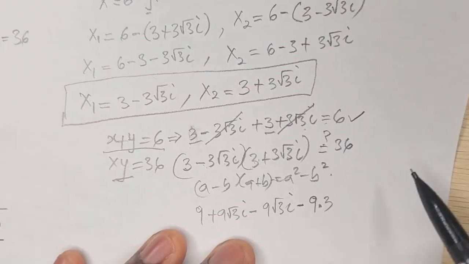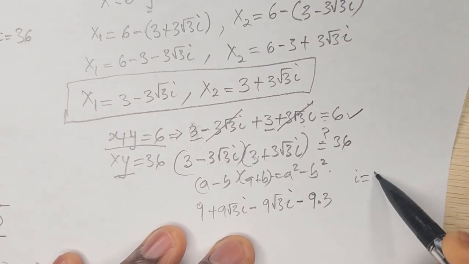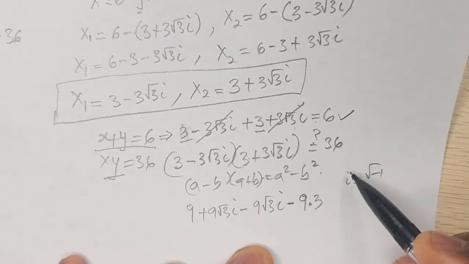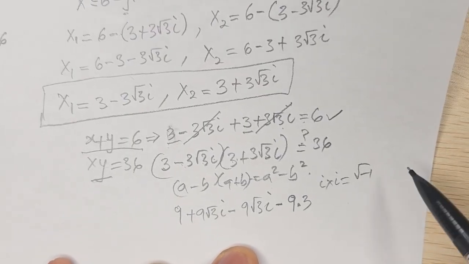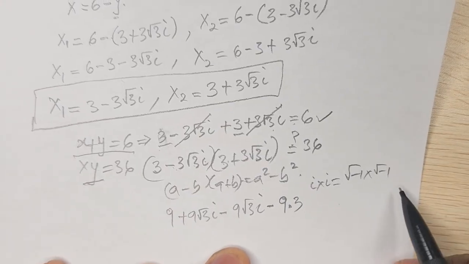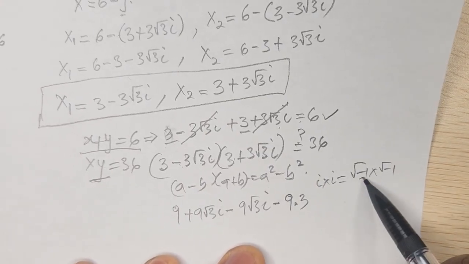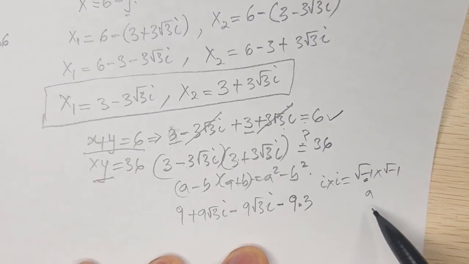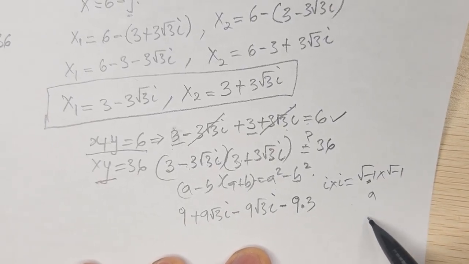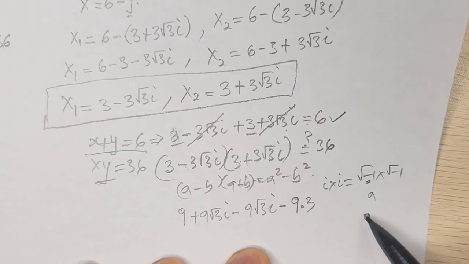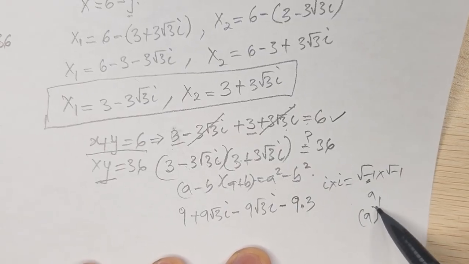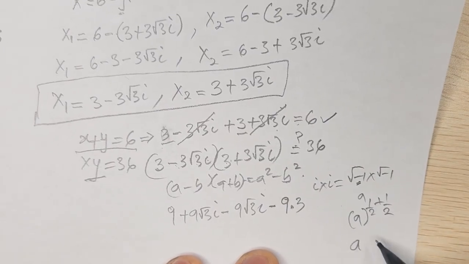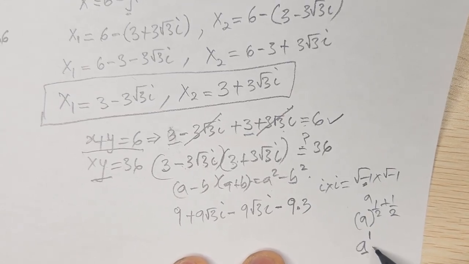So i is equal to root of minus 1, so i times i is root of minus 1 times root of minus 1. Let this minus 1 be represented as a, so this becomes a raised to the power half plus half, which is a raised to the power 1.